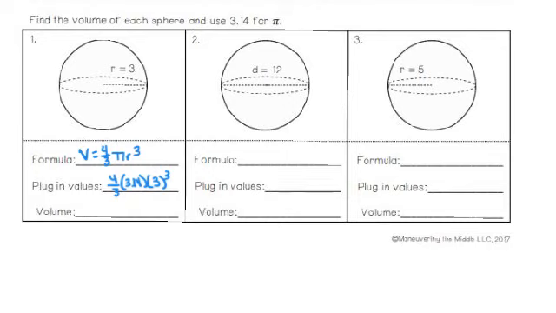Another way to write that formula so that it would make sense is 4 times 3.14 times 27, which is 3 cubed, all divided by 3. And you think, well, how can you write it that way? Well, remember, all the whole numbers, and even the fractions written as decimals, can be put over 1.